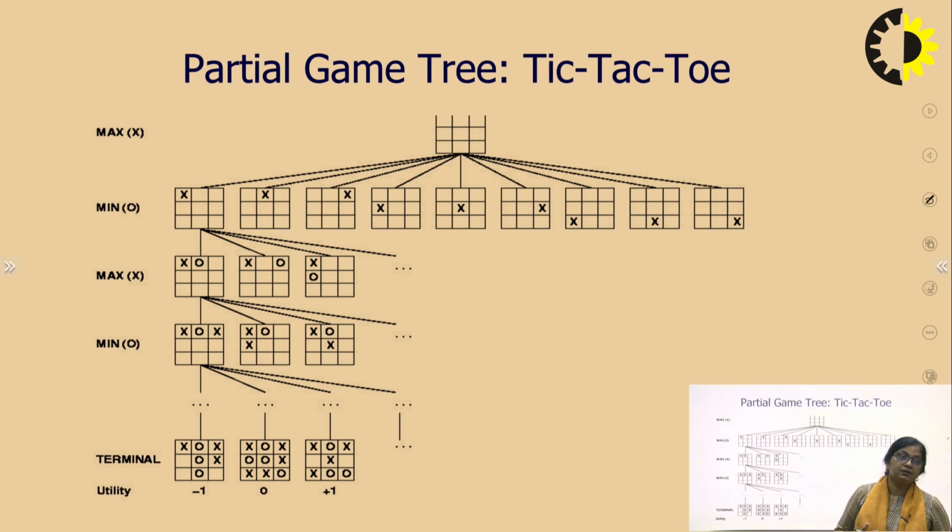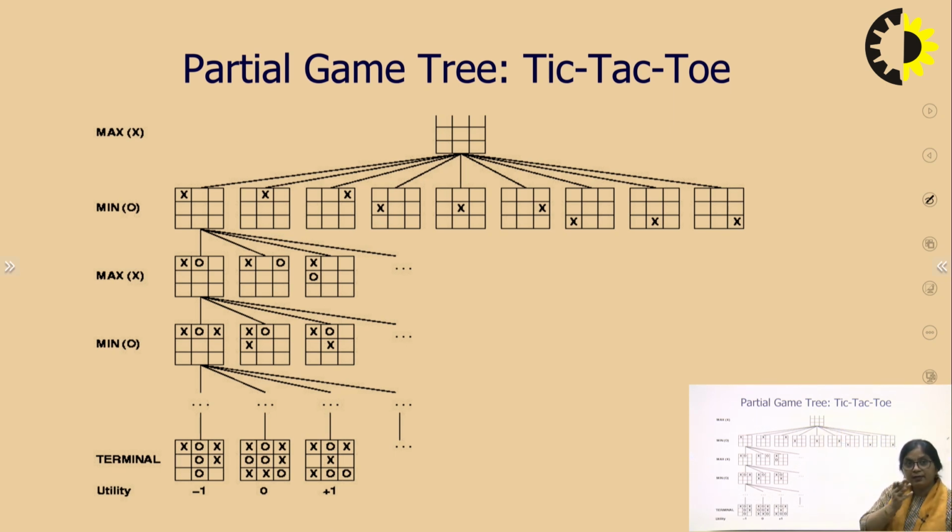The winning condition is X in the same row, same column or diagonal, and if the O's are in the same row or same column, then it means Max has lost the game. It means Min has won the game.